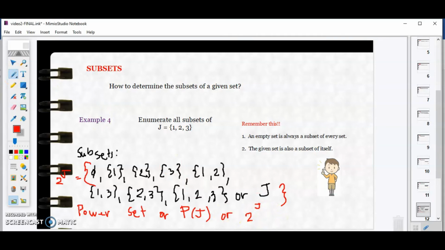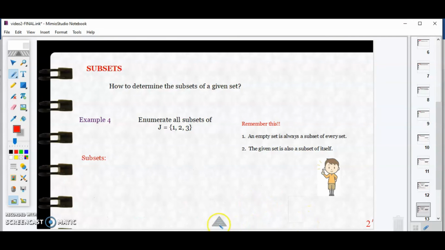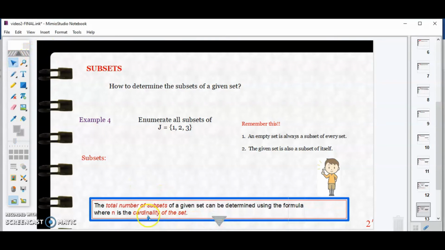Okay? Now, ang tanong, how do I know if I got all the complete subsets of a given set? Ito yung pang-check. We have the formula, remember? We have the formula that can be used, okay? Have here, that the total number of subsets of a given set can be determined by the formula 2 raised to n, where n is the cardinality of the set.